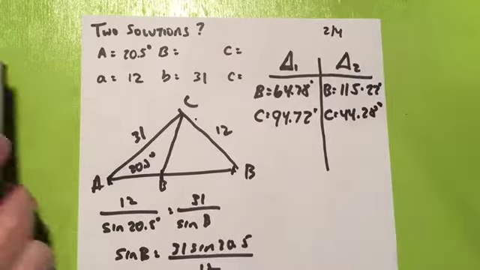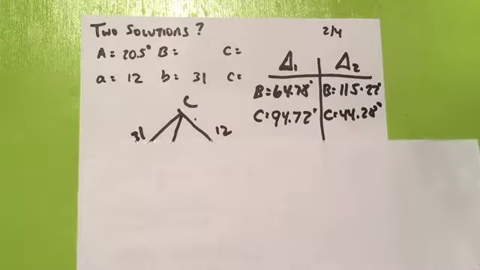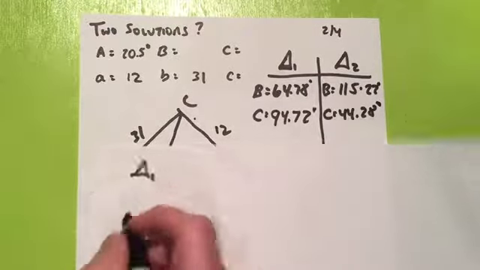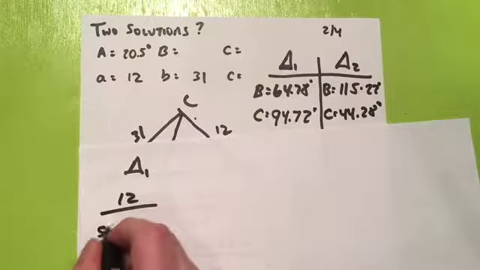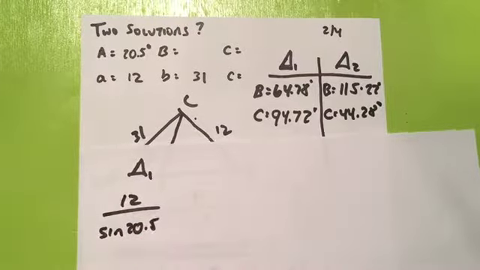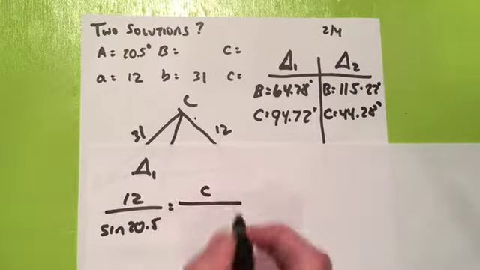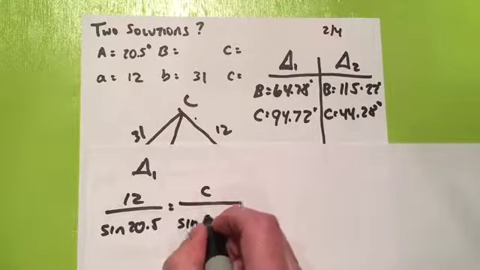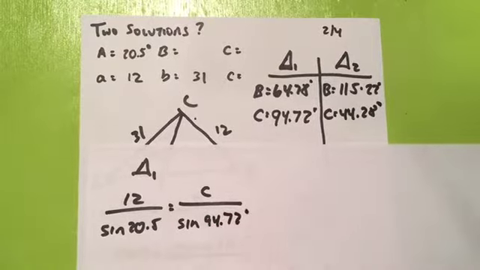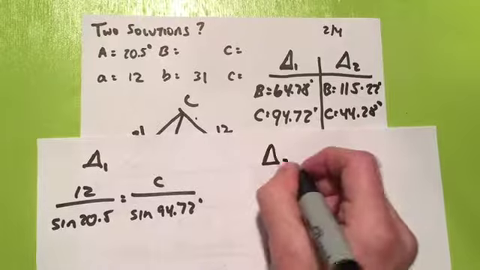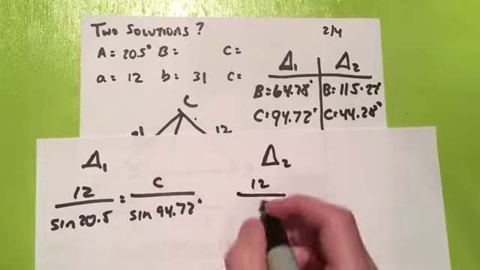We've got to go through, use the law of sines, two more cases. So triangle 1, we've got 12 over sine of 20.5, going back to A over sine A. The given information is side C over sine of 94.72. One possibility for side C. And we do the same for the second possibility.